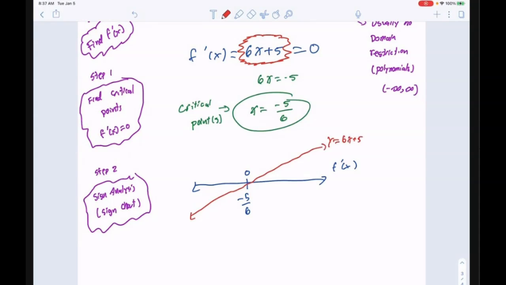So you should be able to see, on the first interval, is f prime negative or positive over here? Which one is it?